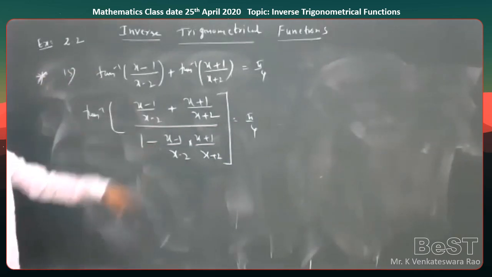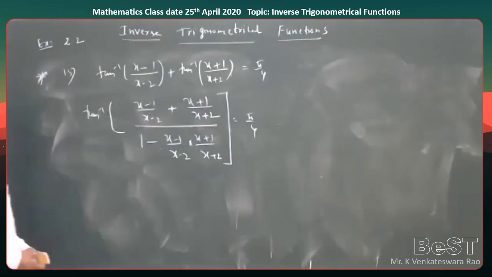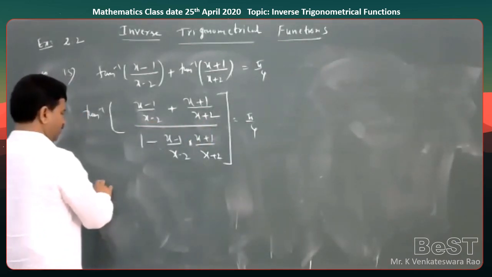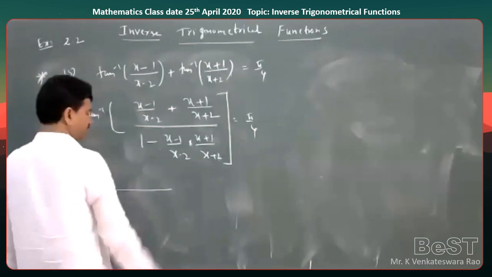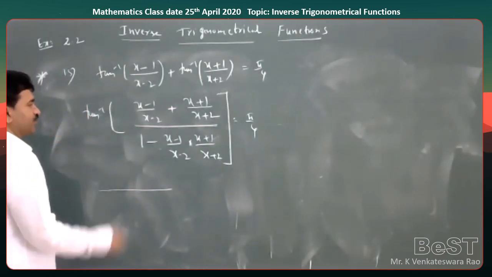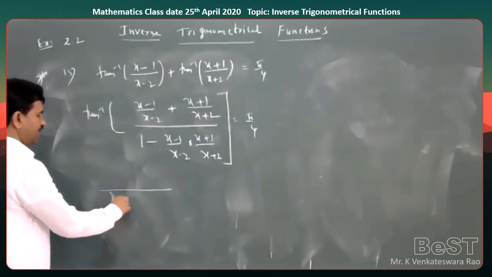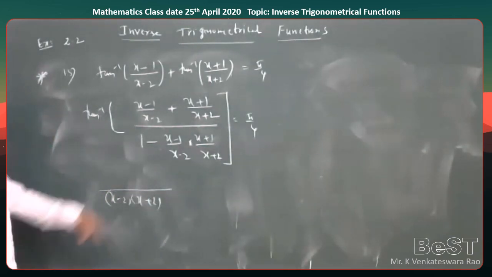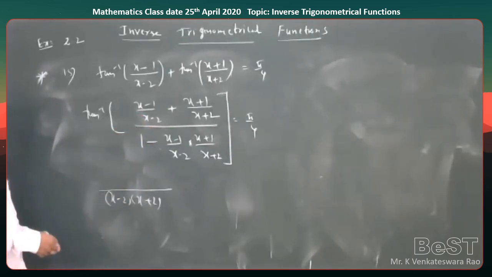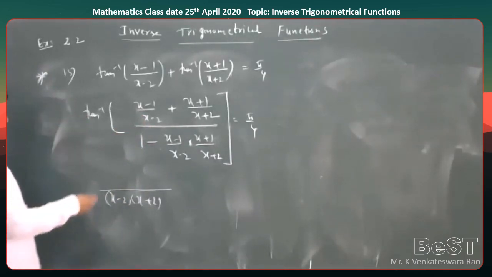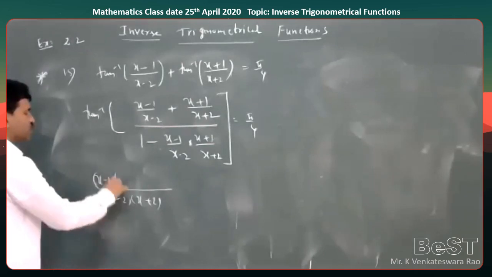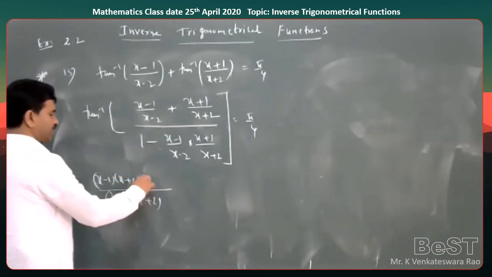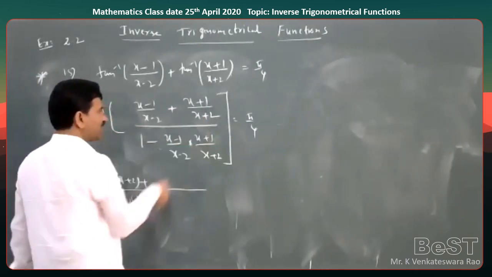Sending this tan inverse to the right side and taking the LCM here. This is an important step. LCM for the numerator first. Both are different factors, so the LCM is x minus 2 into x plus 2. X minus 2 takes how many times? X plus 2 times. So x minus 1 into x plus 2 plus, x plus 2 takes how many times?